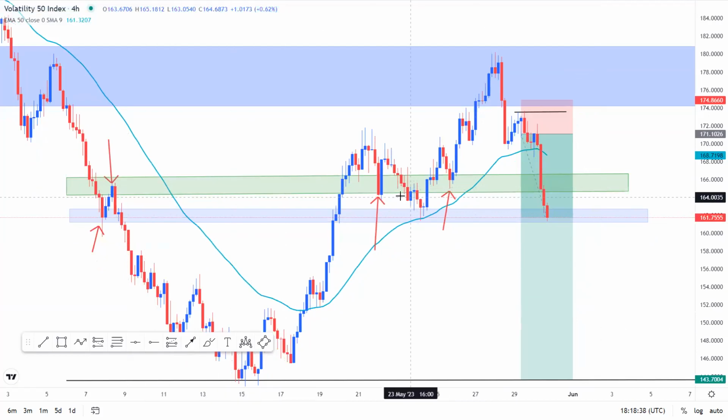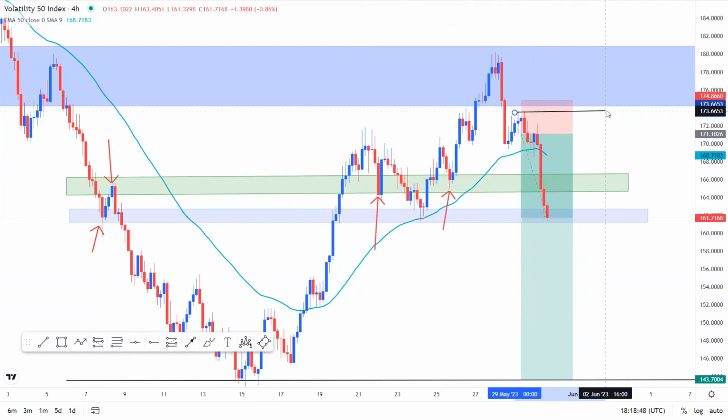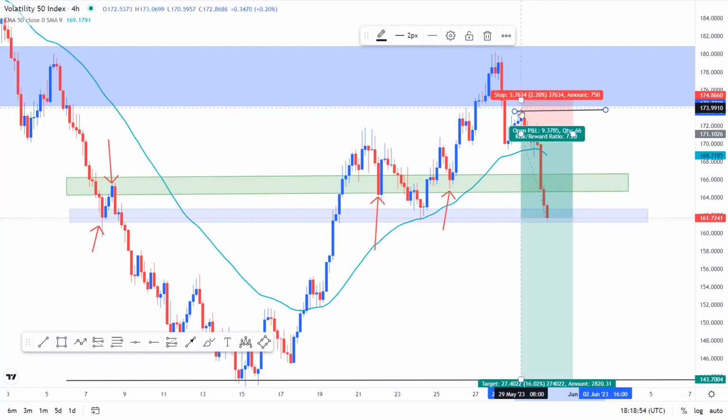We have this level right here as one of the levels to look out for. And like I said, for now, this is the price range, with this level being the most recent lower high. So as long as price stays below this level, we are very much still in a bearish market structure, looking at the 4-hourly time frame as our main time frame.